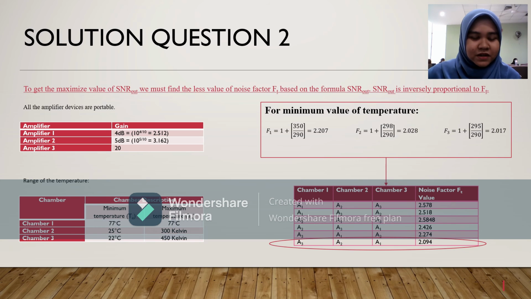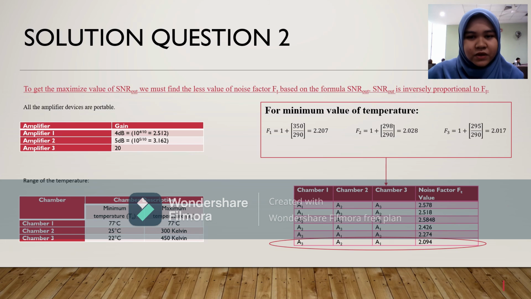To calculate the noise factor for each temperature, we use this formula: 1 plus the equivalent noise temperature over the environmental temperature, which is the constant 290. Calculating, we get F1 of 2.207, F2 of 2.028, and F3 of 2.017.